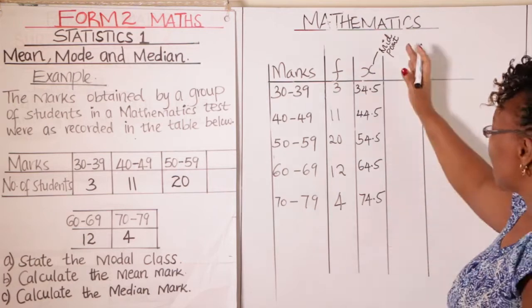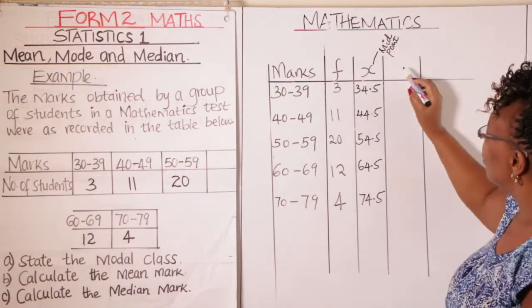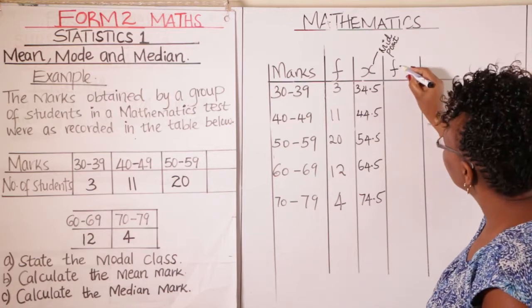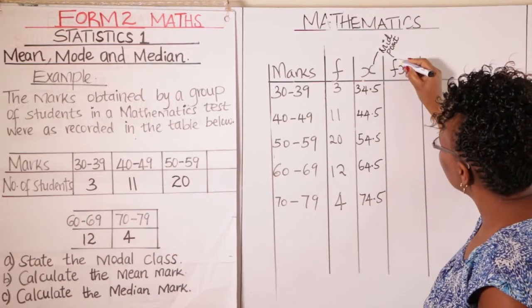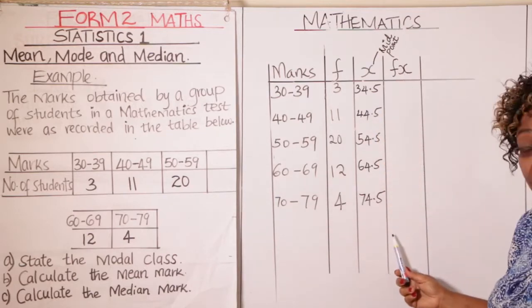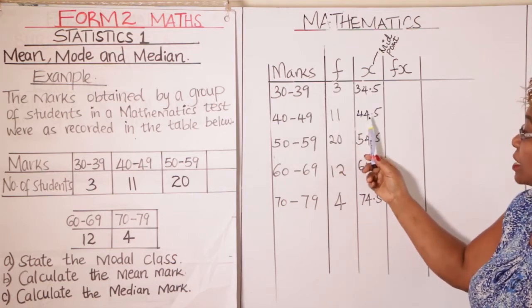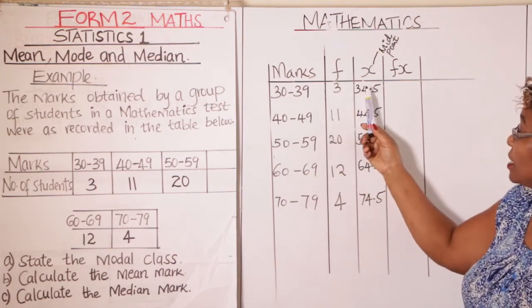From there, you come to the fourth column here, learner. You write Fx, F times X. So, to fill this column, you multiply your F times X. Learner, you multiply this times this.